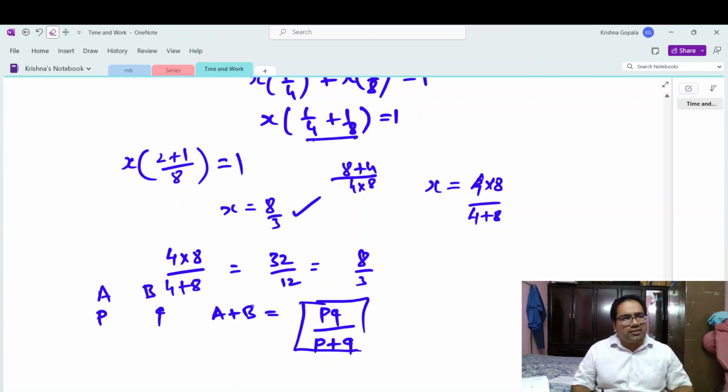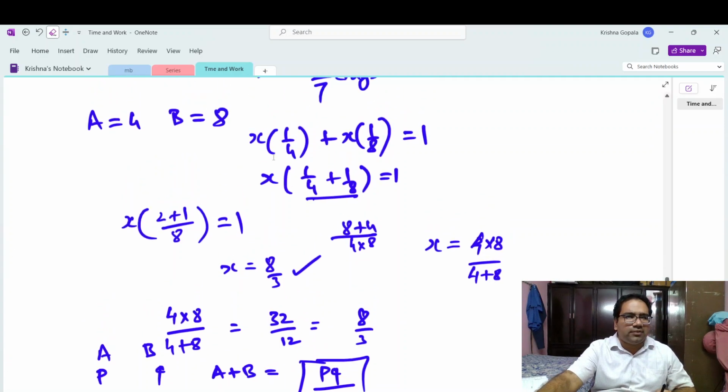You understood how this is coming, right? We'll assume x many days. In x days, the work will be completed, and x into the productivity of A, which is 1 by 4 daily, that is x into 1 by P in this case. Similarly, x into 1 by 8, because B can do it in 8 days, so each day B will be able to do 1 by 8 of the work.